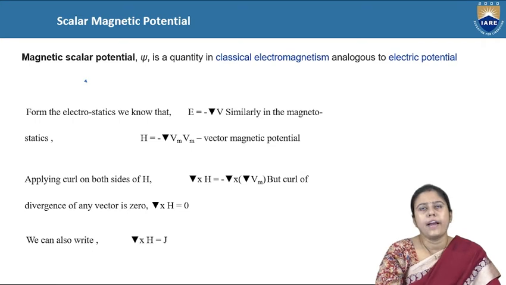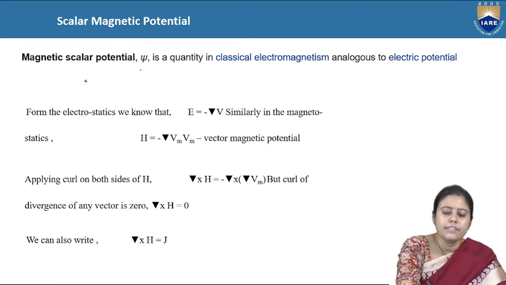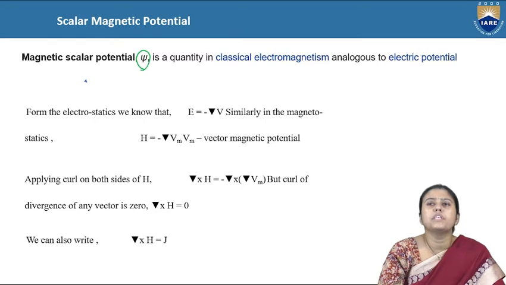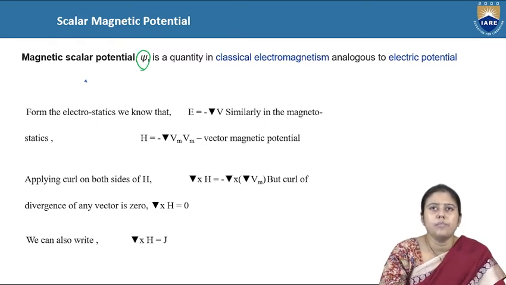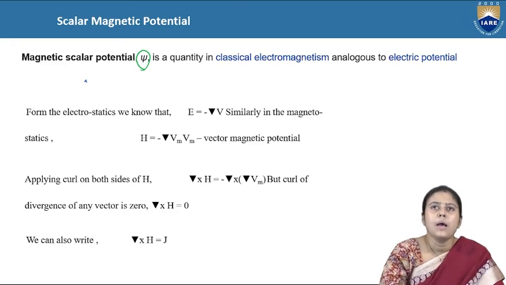What is scalar magnetic potential? Scalar magnetic potential, written by psi, is a quantity in classical electromagnetism which is analogous to electrical potential. So what is the meaning? The work done to bring one unit north pole in a magnetic field is known as the magnetic potential.